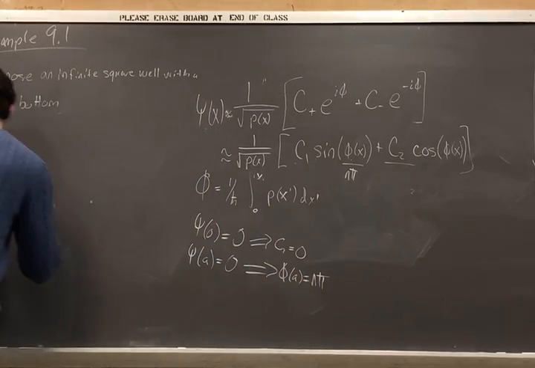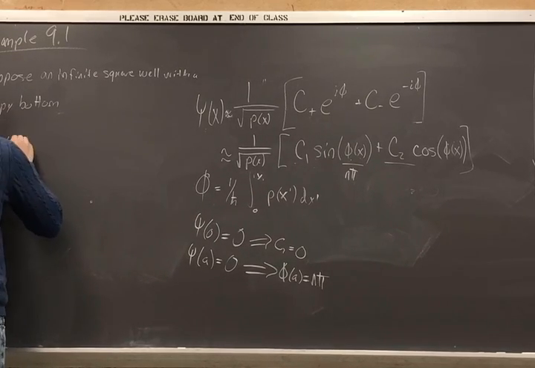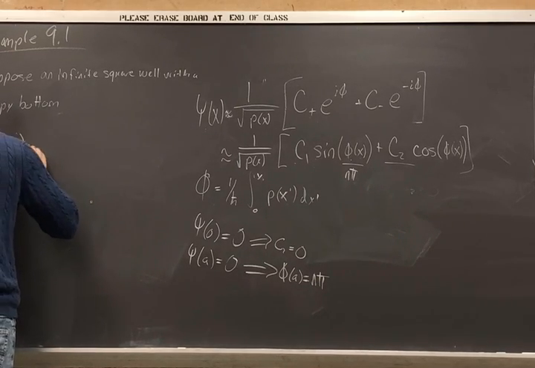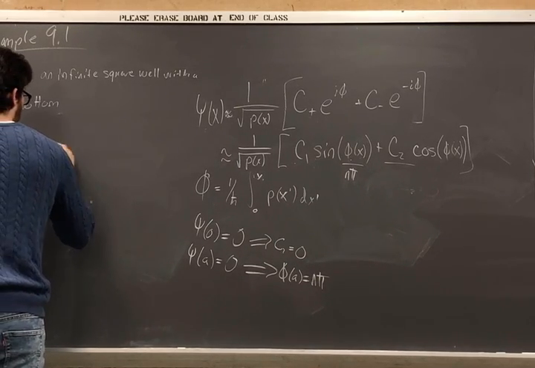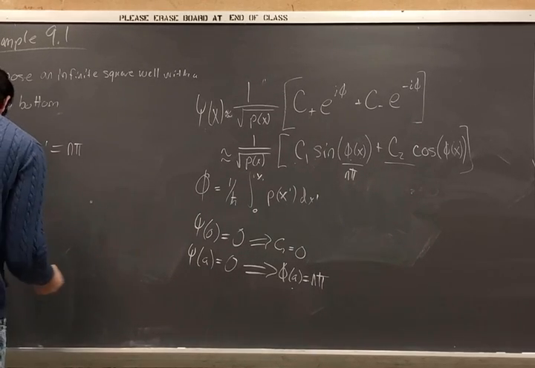So let's plug that in, and get the integral from 0 to a of p of x prime, pardon, equals n pi. So we said that phi of a equals n pi, so we'll plug in a for x and get n pi out, hopefully.